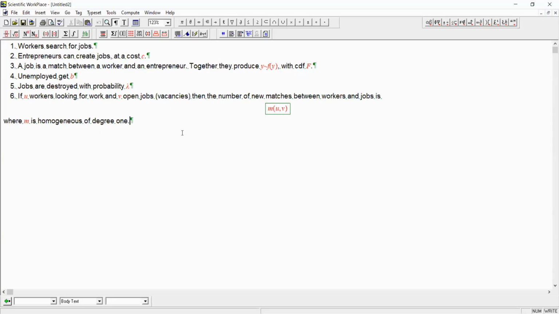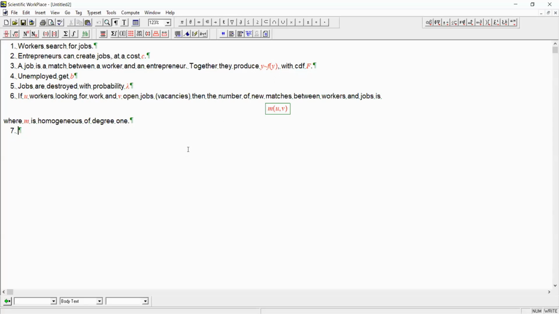Finally, one more thing is that when this worker and this entrepreneur meet, it's going to be unclear how exactly they're going to share the output Y that they produce together.